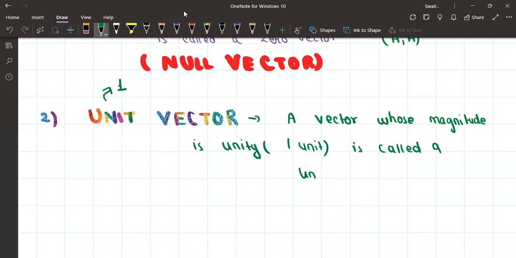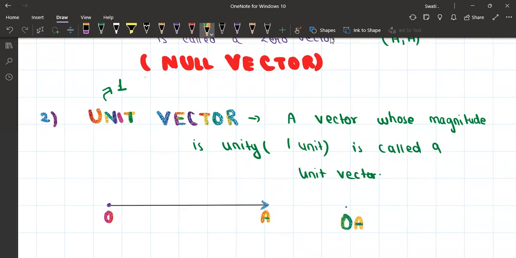So this is called a unit vector. Now, the unit vector is in the direction of whatever the given vector is. I'll help you understand this concept better by drawing a vector OA. Suppose this is the starting point O and this is the ending point A, so this is OA, and it has a direction from O to A. Let us understand how it is a unit vector.